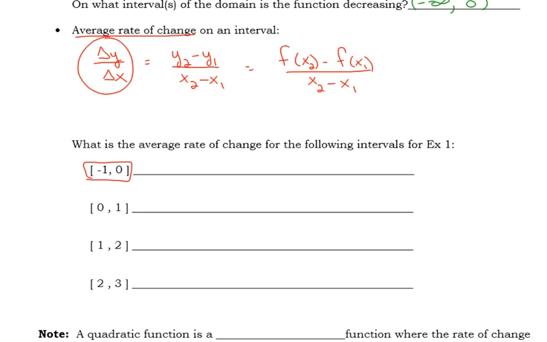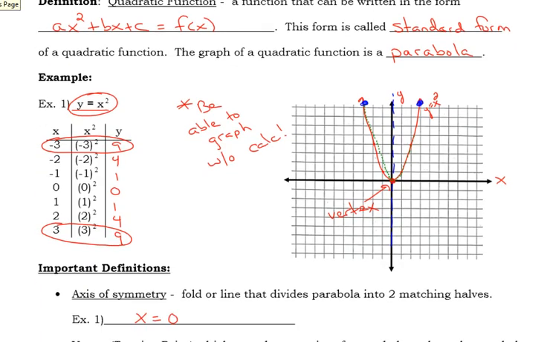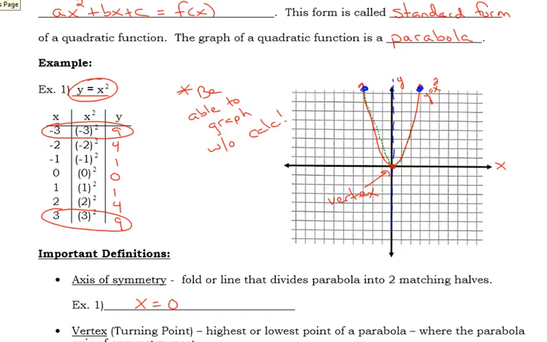So if I want to know the average rate of change going from the interval -1 to 0, I'm going to go back to my function, and I'm going to look from -1 to 0, where the x's go from -1 to 0. So I'm looking at this portion of the function right here. Now remember, we want to find the average rate of change, which is the change in y's over the change in x.